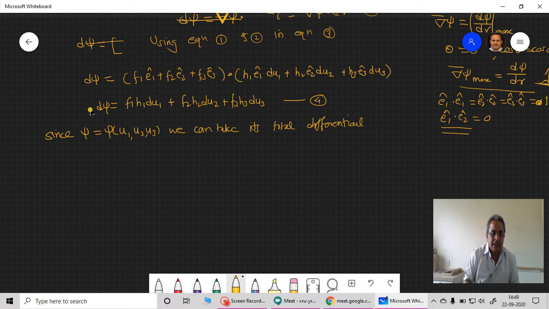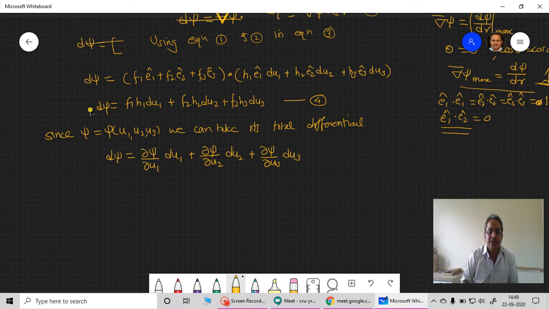So this can be written as d psi is equal to the partial derivative of psi with respect to the first coordinate, ∂ψ/∂u1 into du1, plus ∂ψ/∂u2 into du2, plus ∂ψ/∂u3 into du3. This is the total differential of psi, since it's a function of three independent variables u1, u2 and u3. Call this equation number 5.